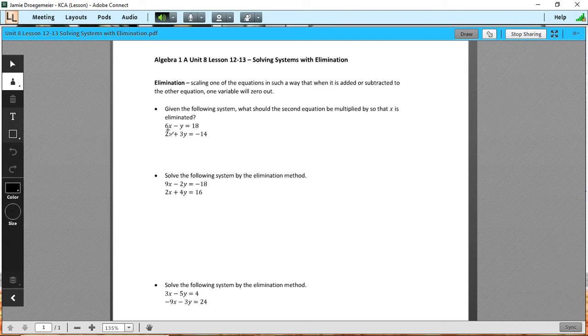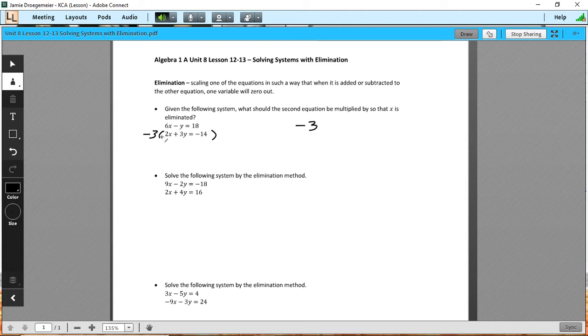Well, if this equation is 6x, when I add these equations together, I would need this to be negative 6x in order for that variable to zero out. And so to make this 2x into negative 6x, I would need to multiply that entire equation by negative 3.